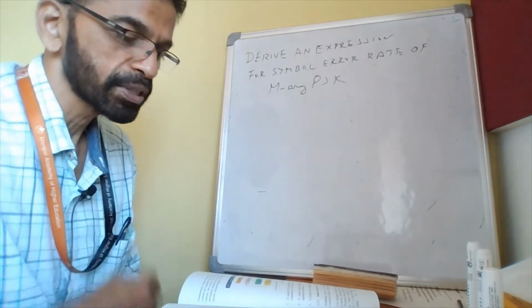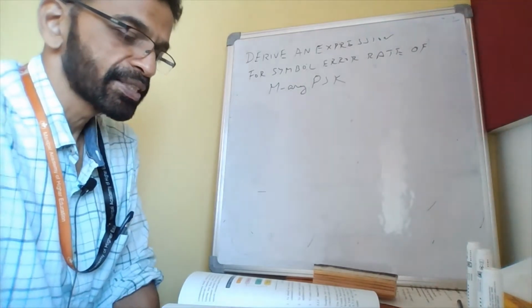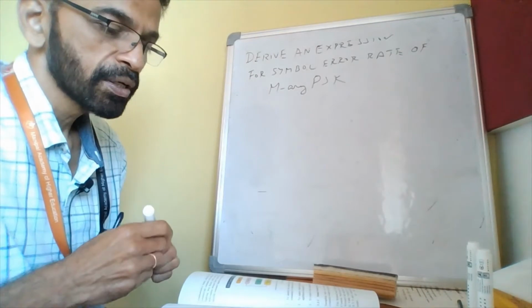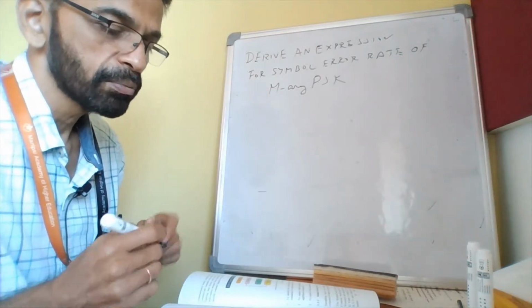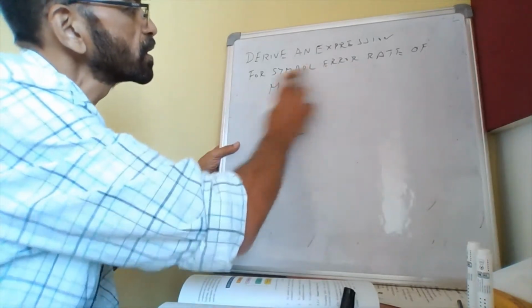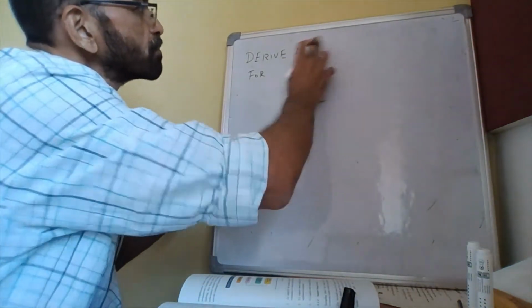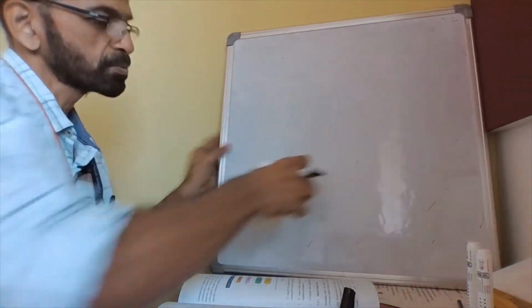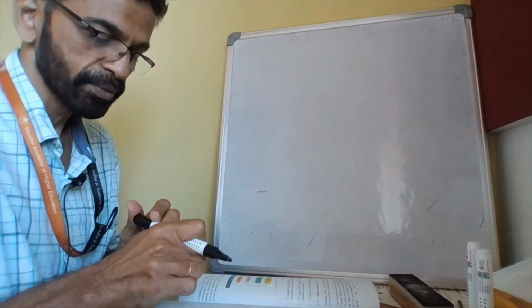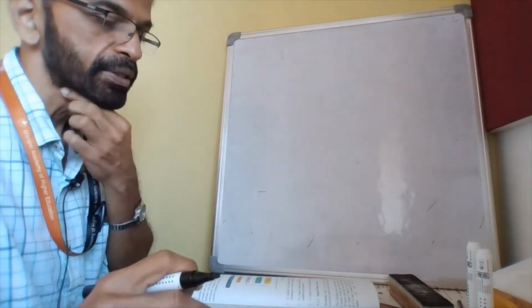So here there is no such approximation, we will get an exact expression. Okay, so this is the way we will proceed. As we did earlier, we'll first find the probability of correct reception of a symbol, and then we'll subtract that from 1 to get the probability of error or the symbol error rate.